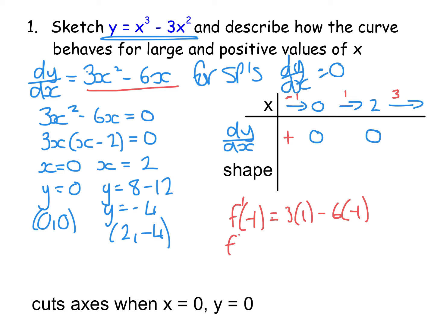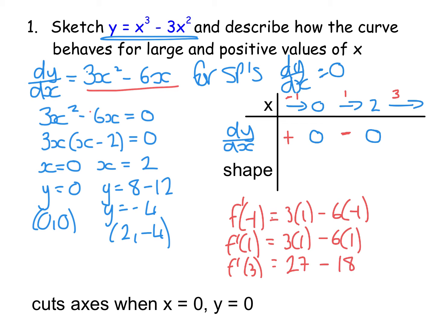If I do the same but plug in the number 1, you have 3 times 1 again, take away 6 times 1. Well, that's 3 take away 6, so that's negative. And then if I use the number 3, well, 3 squared is 9, 9 times 3 is 27, take away 6 times 3 is 18, well, that's positive. So my shape looks like this.